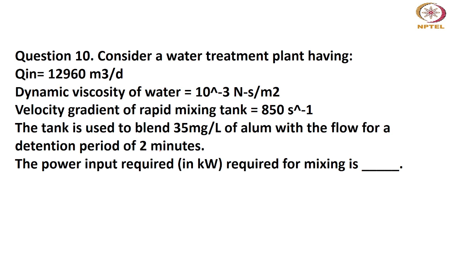Velocity gradient of the rapid mixing tank is given as 850 second inverse. The tank is used to blend 35 mg per liter of alum with the flow for a detention period of 2 minutes. You have to find out the power input required for the mixing.